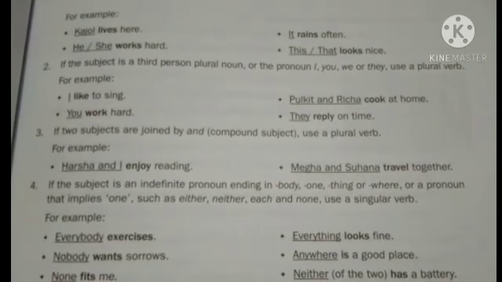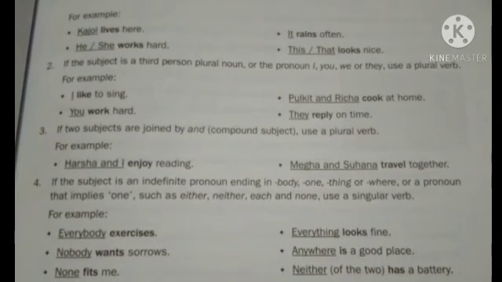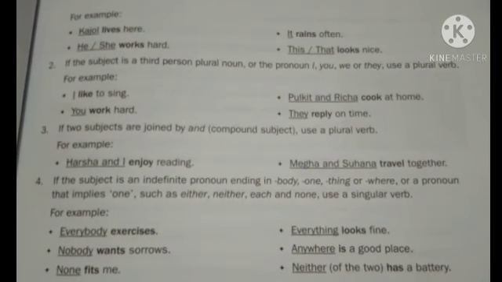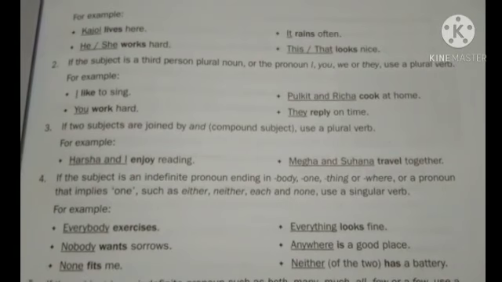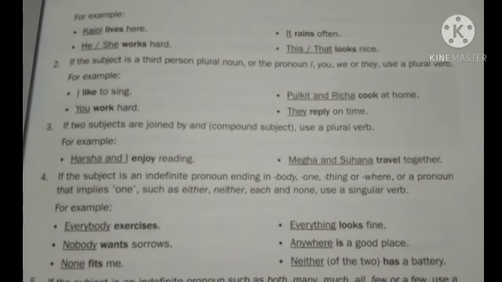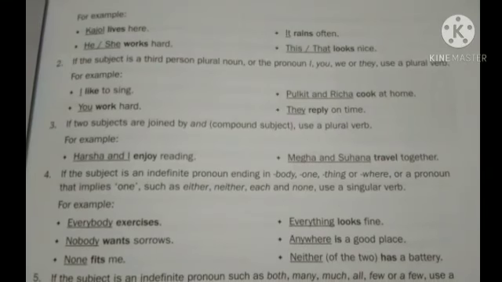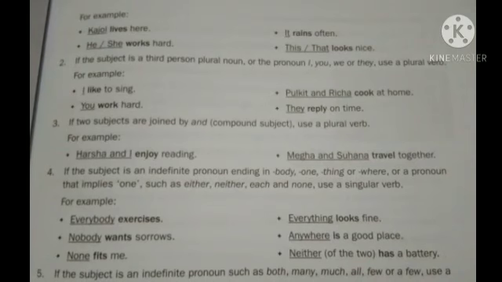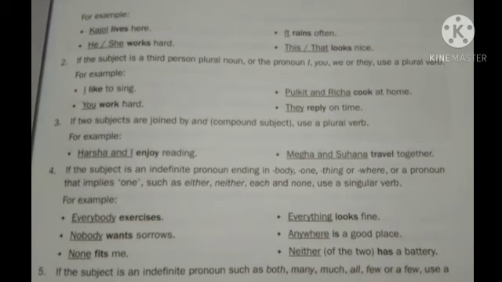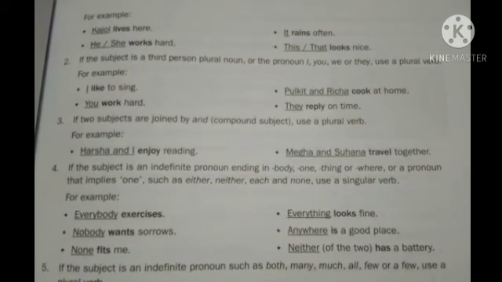Next one. If the subject is a plural noun or the pronoun I, you, we or they, use a plural verb. So if the subject is a plural noun, then I should use a plural verb. I have already said you, they, we. Next one.